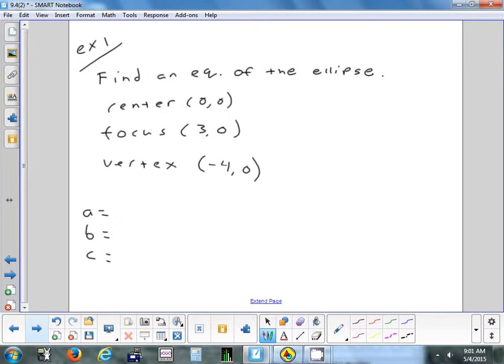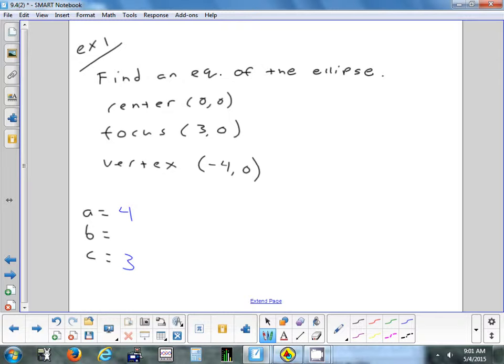So what do we know by looking at where the center is and where the vertex is? Yep, A is 4. C is 3, and C is the distance from the center to the focus. We also know that if 3, 0 is a focus, negative 3, 0 is a focus. If negative 4, 0 is a vertex, then 4, 0 is also another vertex.